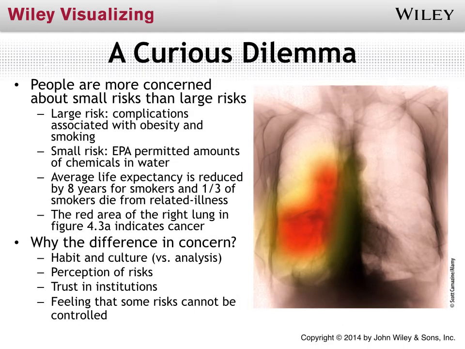As I mentioned on the previous slide, it seems that people are oftentimes more concerned about things that pose a very small risk compared to a large risk. Large risks, like we mentioned earlier, things like heart disease, other health problems that can be affected by obesity and smoking.